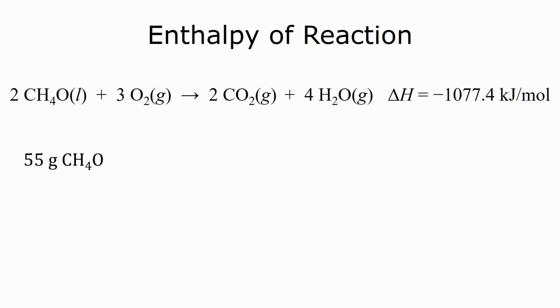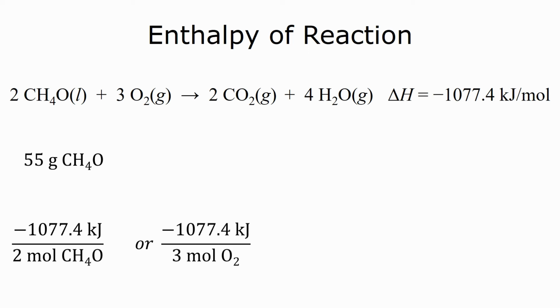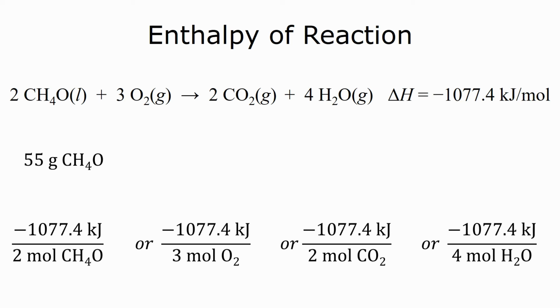According to the stoichiometry of the reaction and the enthalpy of this combustion, we're going to get out 1077.4 kilojoules per 2 moles of methanol, or per 3 moles of oxygen consumed, or 2 moles of carbon dioxide and 4 moles of water produced. That is what the stoichiometry and the enthalpy of combustion is telling us. So we have to pick the correct one when we're converting 55 grams of methanol and completely combusting it.